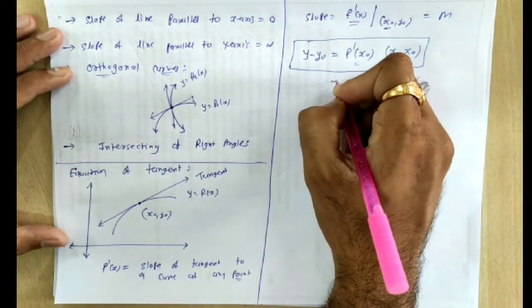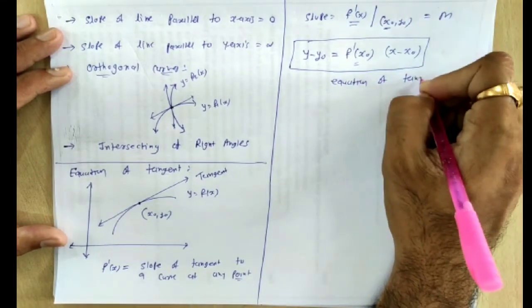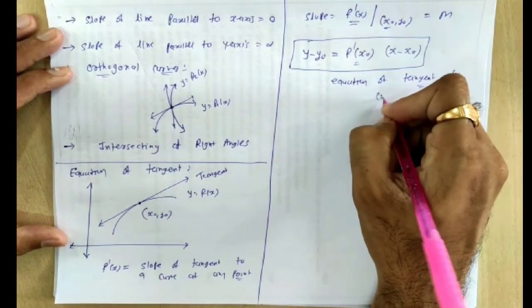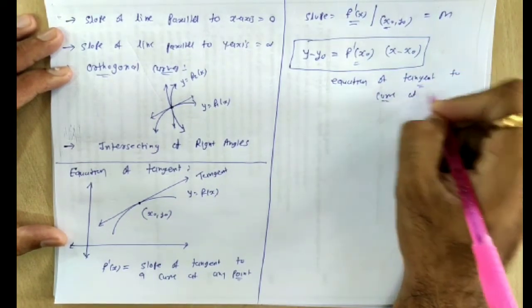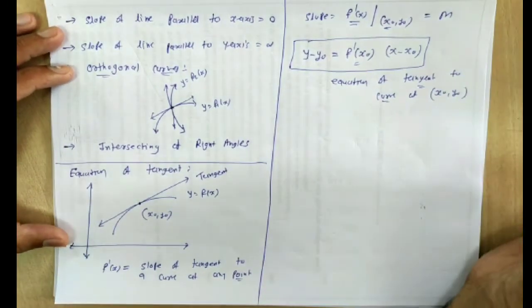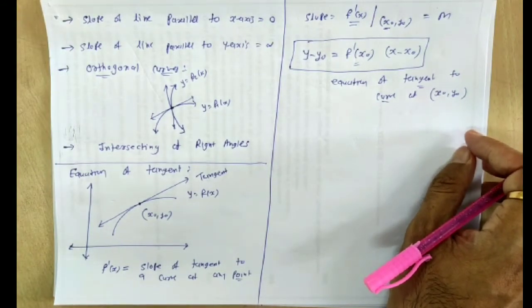This is the equation of tangent to a curve at the point x naught, y naught. Clear? This is the equation of tangent. Now what about the equation of normal?